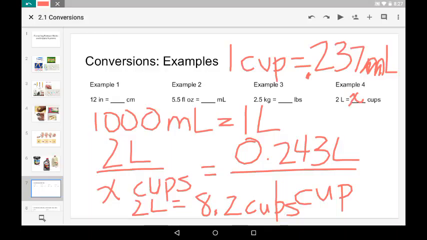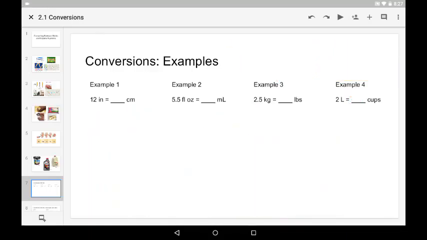You could also set up 2 different steps where you're converting the 237 milliliters into liters as well. I'll just show you quickly.